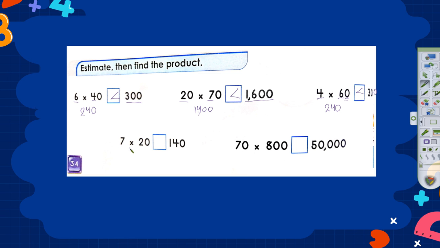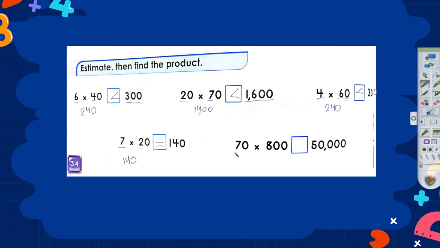Now 7 times 20. 7 times 2 equals 14 with 1 zero. So 140. You will compare it with 140. You know that 140 equals 140, so equals.